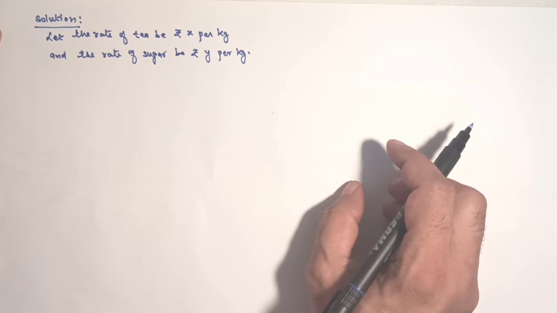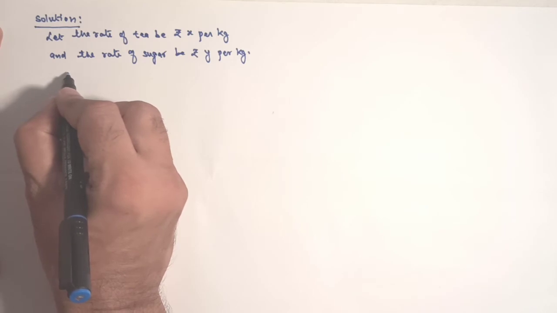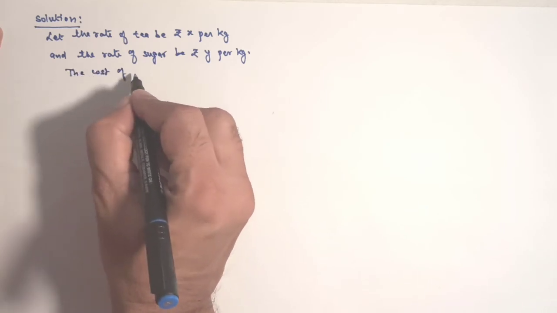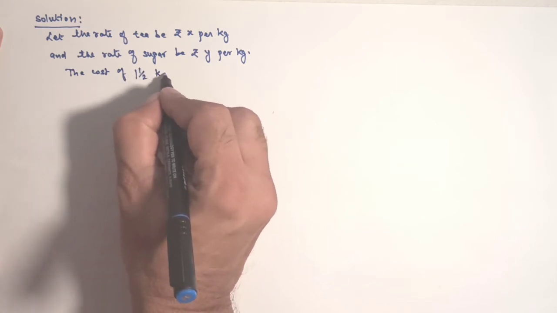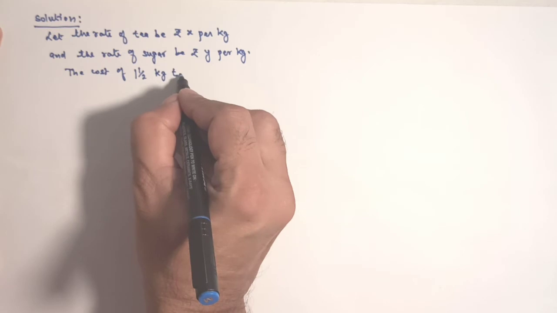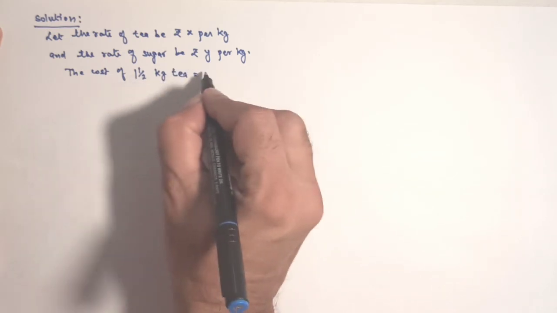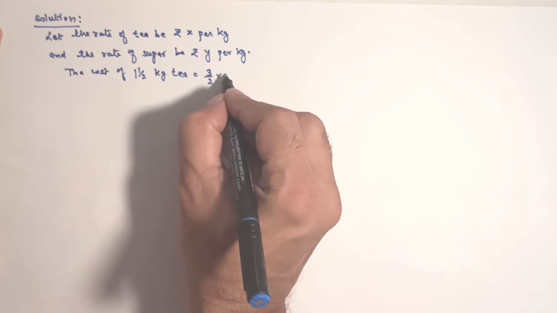So let's find out first what is the cost of tea. The cost of 1.5 kg tea is equal to 1.5, which means 3 upon 2, into the rate x.